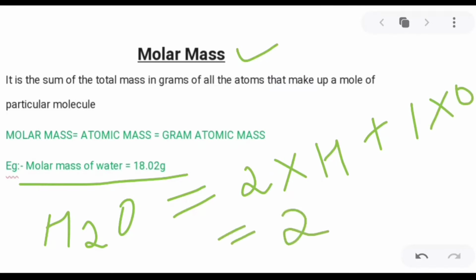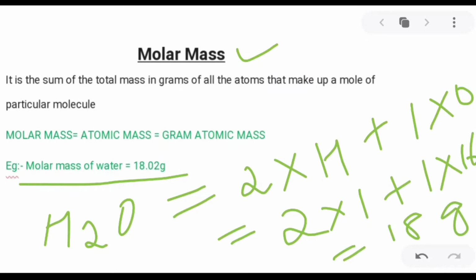This means 2 into 1 plus 1 into 16. It means 18 gram. So 1 mole of H2O means 18 gram. Also the molecular mass of H2O is 18 U. Hence molar mass is equal to atomic mass in value.